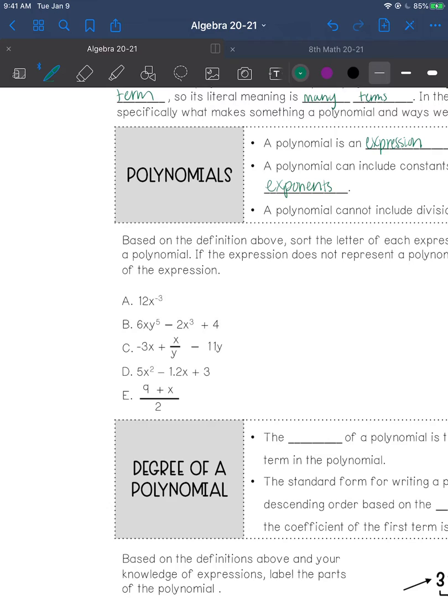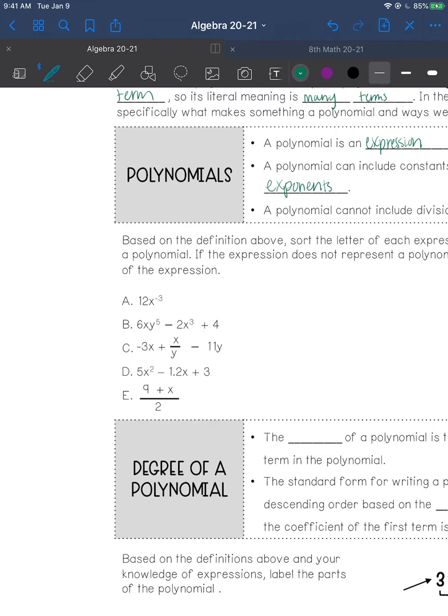A whole number exponent means it can't be negative, it can't be a fraction or decimal. Exponents have to be positive whole numbers. A polynomial cannot include division by a variable, but it can include division by constants. It just can't have the letters in the bottom.